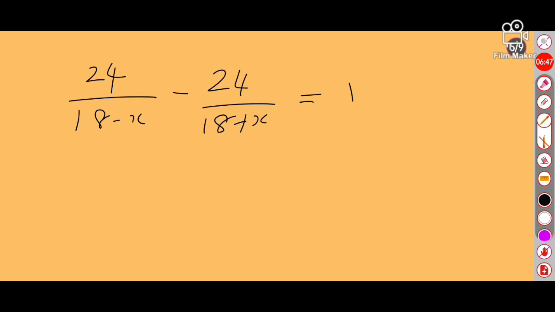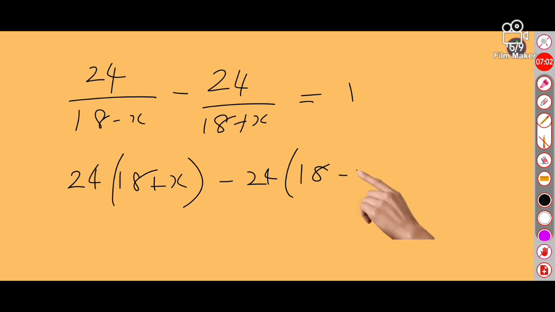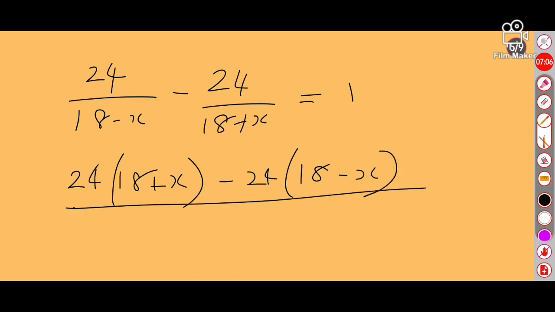Now cross multiplying with respect to the given values: 24 into 18 plus x minus 24 into 18 minus x, the whole divided by 18 square minus x square, because a plus b into a minus b gives a square minus b square, is equal to 1.